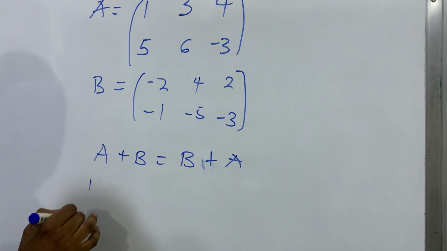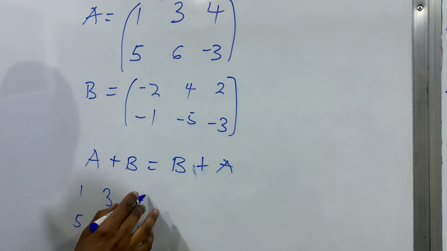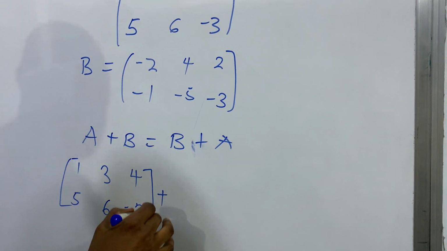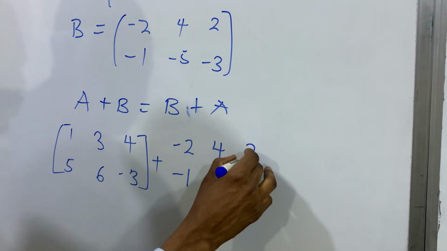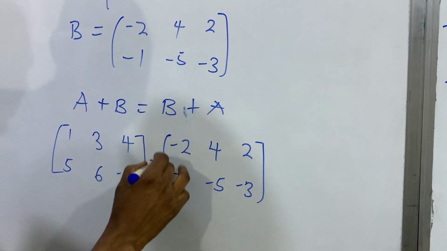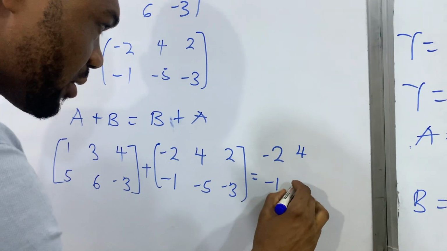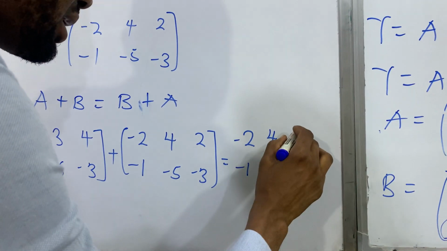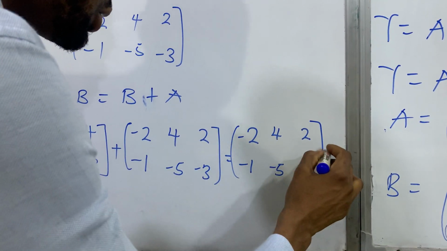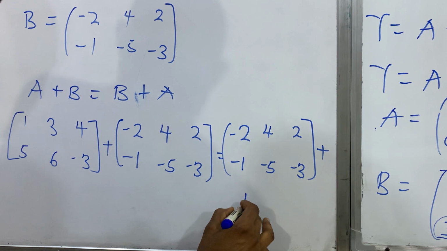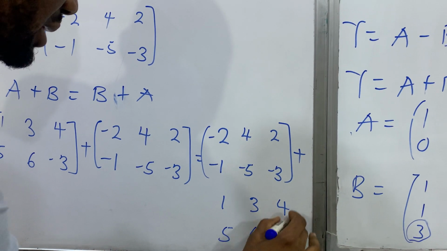So we say, okay, 1, 3, 4, 5, 6, minus 3, plus minus 2, minus 1, 4, minus 5, 2, minus 3, should be equal to minus 2, minus 1, 4, minus 5, 2, minus 3, plus 1, 3, 4, 5, 6, and minus 3.